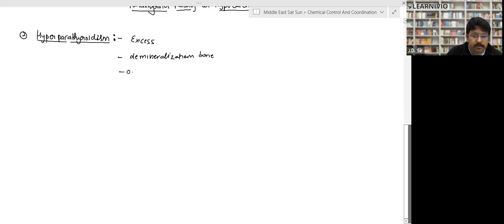Osteoporosis. Osteoporosis is a disease common in women, caused by hyperparathyroidism.